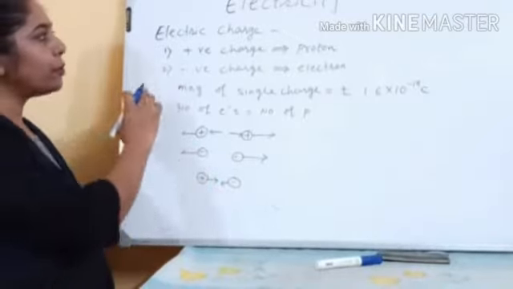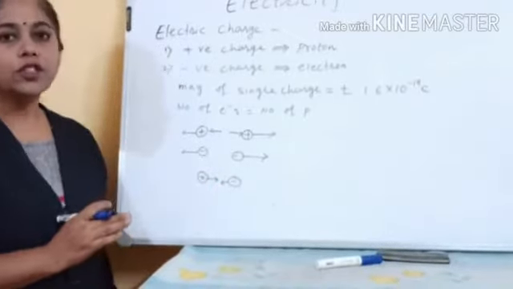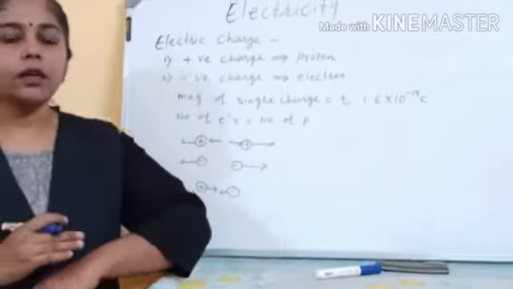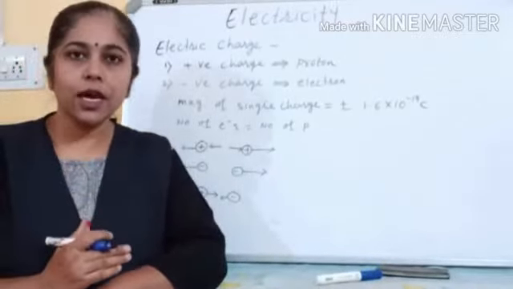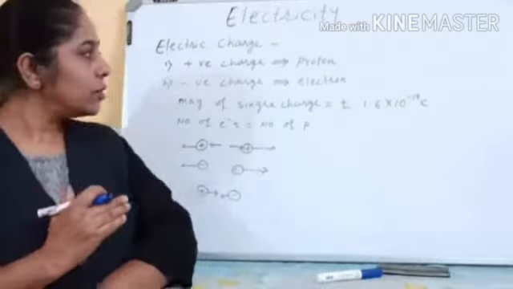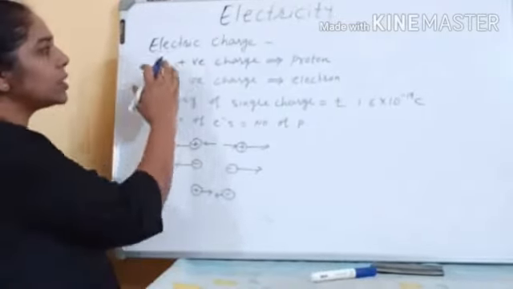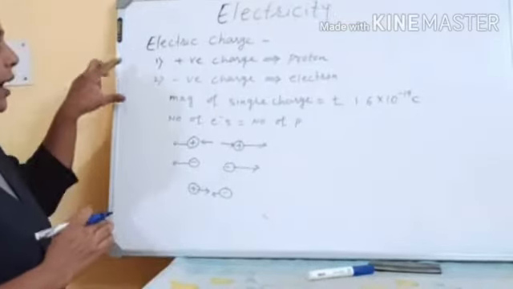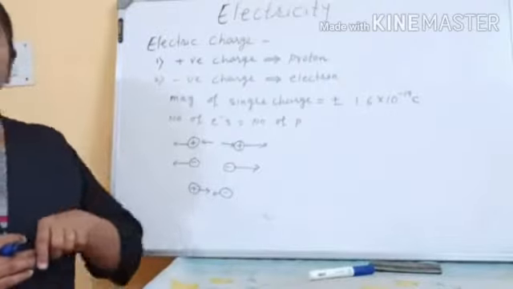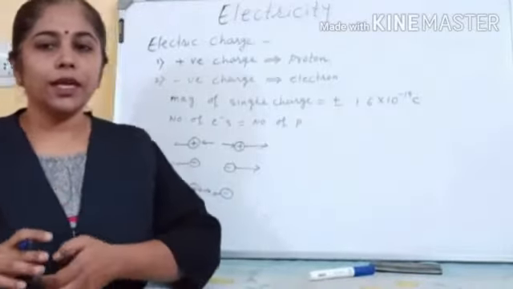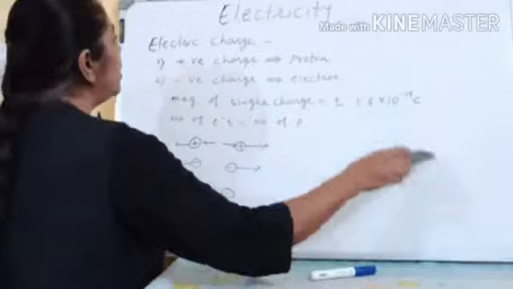So these are a few properties of electric charge. Now, in any conductor, the free charges are available. So here we will use this electric charge and its properties in the next topic, that is the electric current and circuit.